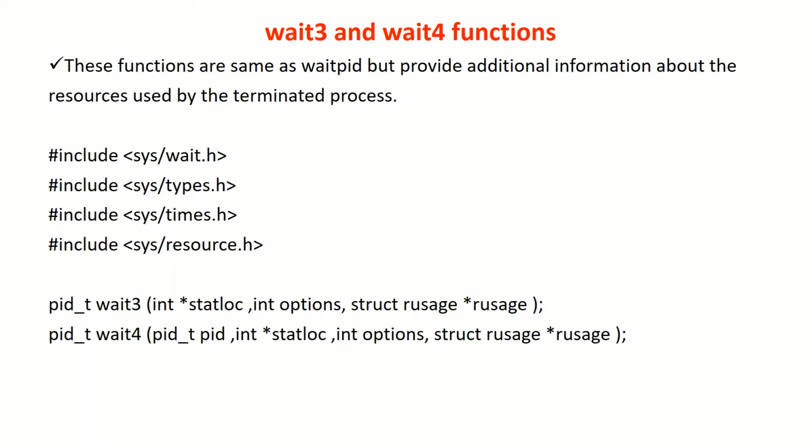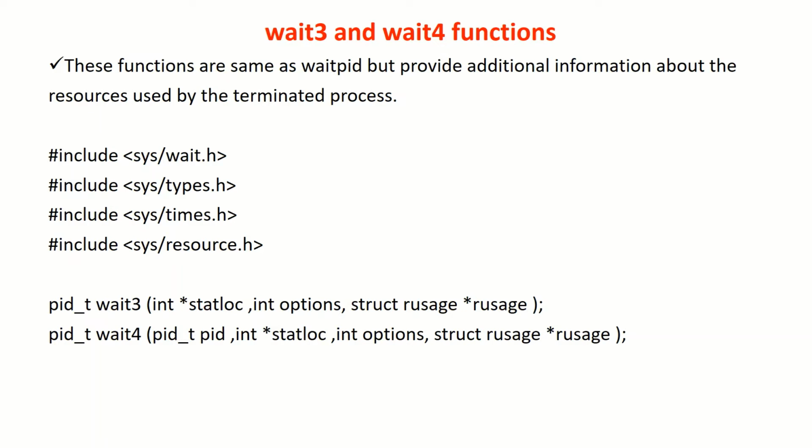The wait3 function delays its caller until a signal is received or one of its child processes terminates or stops due to tracing. If a child process has died or stopped due to tracing and this has not already been reported, it returns immediately the process ID and status of one of those children.